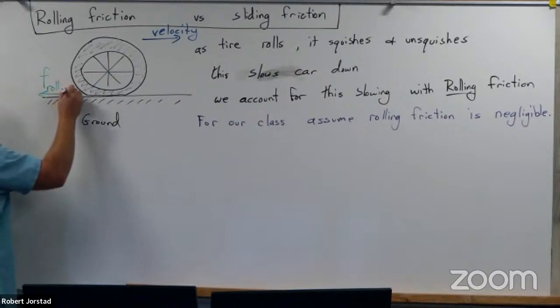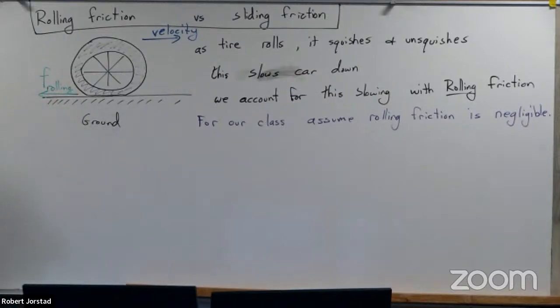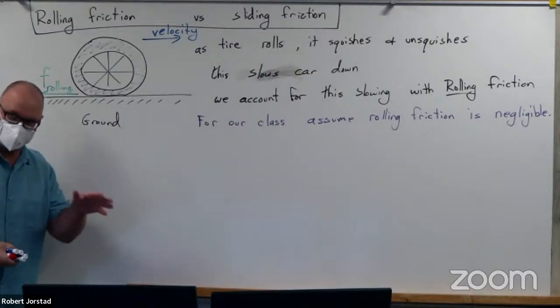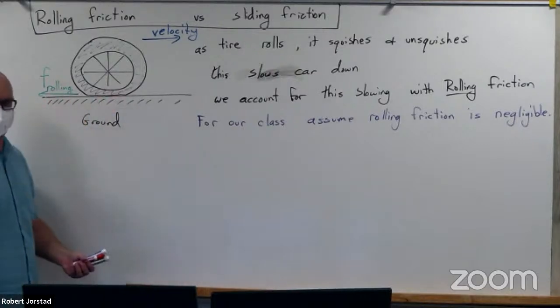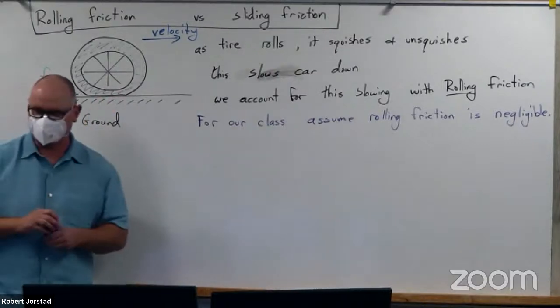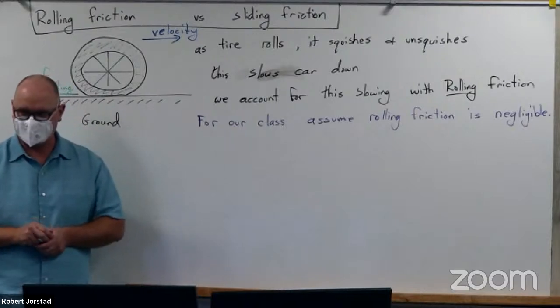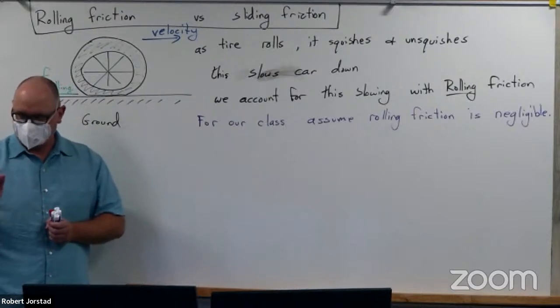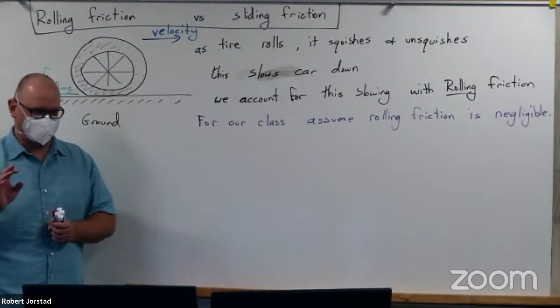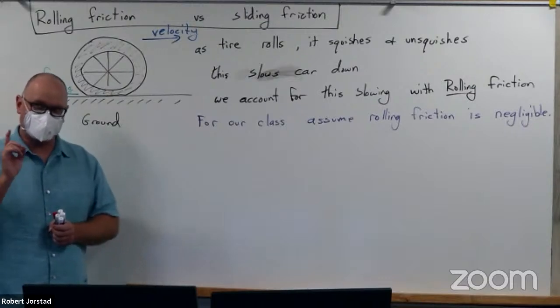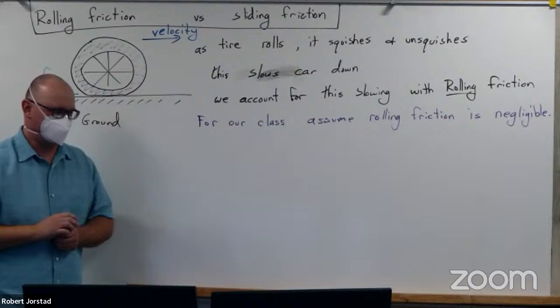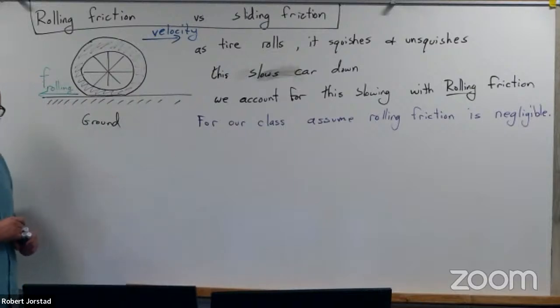The rolling friction does matter in the real world, and it would oppose your motion just like sliding friction. Is everybody okay with that? Now, what's strange about this is sliding friction also matters for a wheel on the road. Okay? All right.